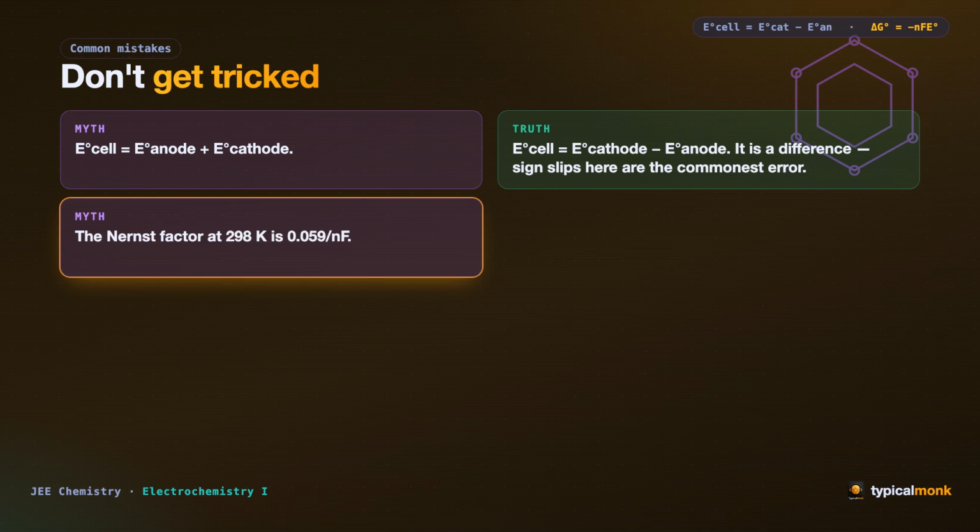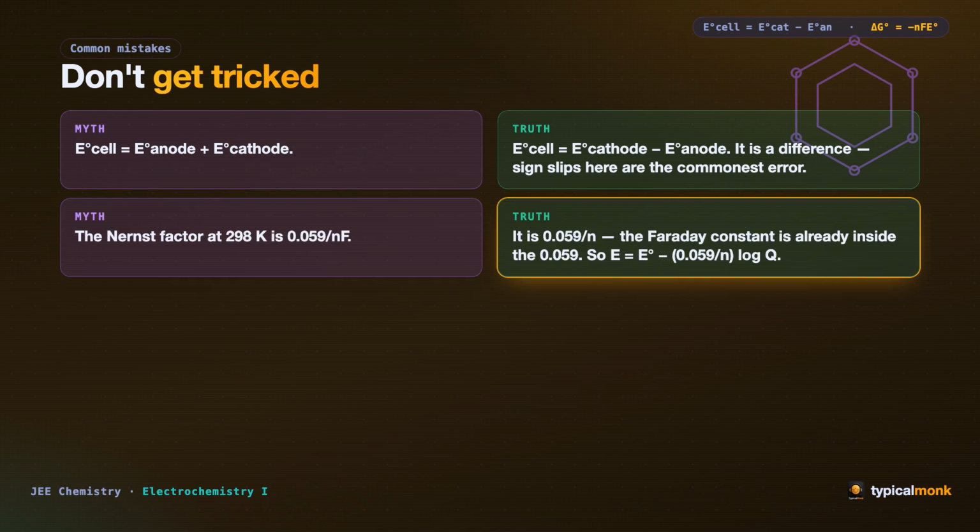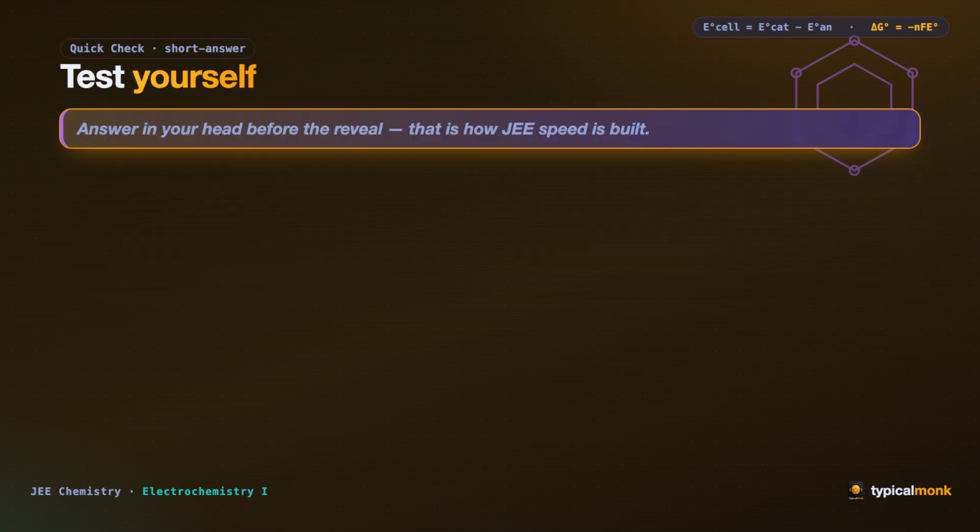The Nernst factor at 298 Kelvin is 0.059 over NF. The truth. It is 0.059 over N. The Faraday constant is already folded inside the 0.059. So E equals E standard minus 0.059 over N times log Q.